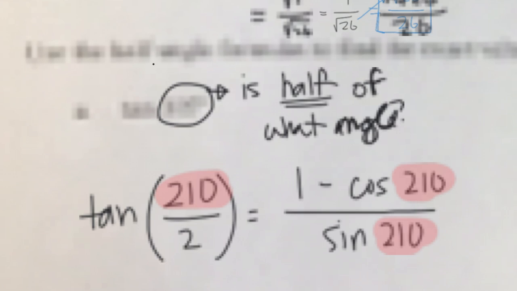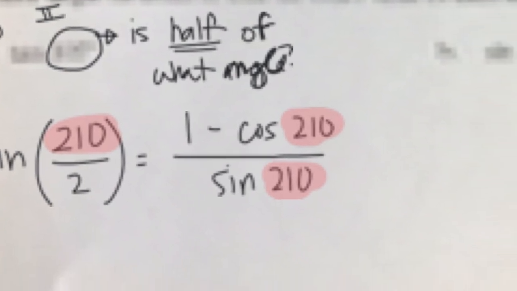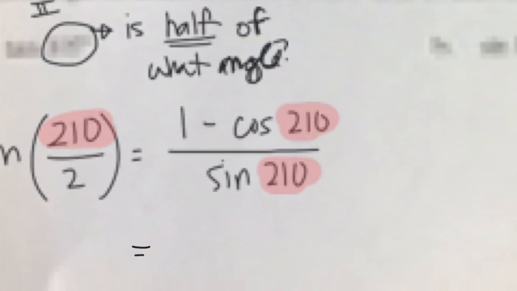Now let's think about this for a second. Tangent is 105. This is in the second quadrant. Okay, 105 degrees is between 90 and 180. So we should be expecting our answer to be negative because the tangent is negative in the second quadrant. Okay, so let's see if that actually comes true. Okay, let's go to our unit circle. The cosine of 210 degrees.